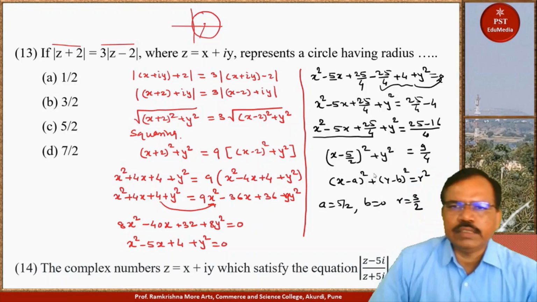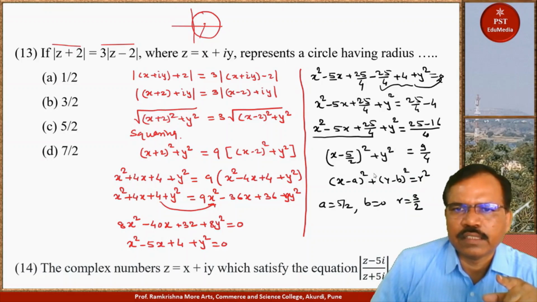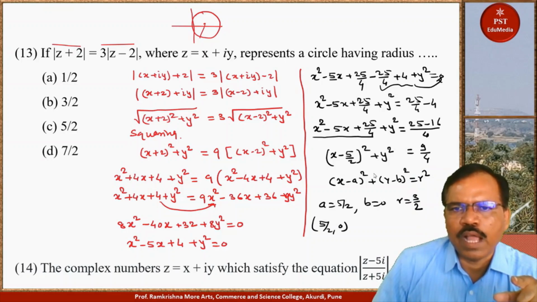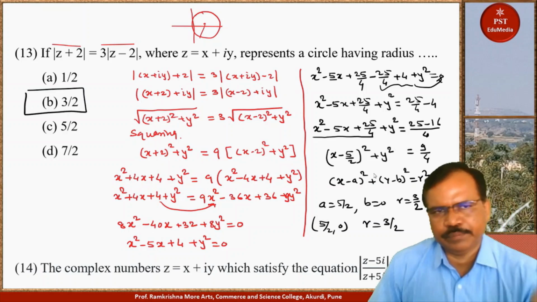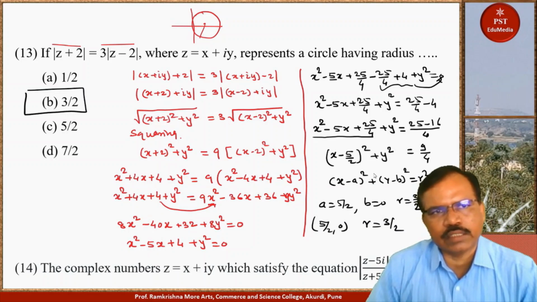So this equation represents a circle with center 5 by 2, 0 and radius 3 by 2. So radius of the circle is 3 by 2. So B is correct.